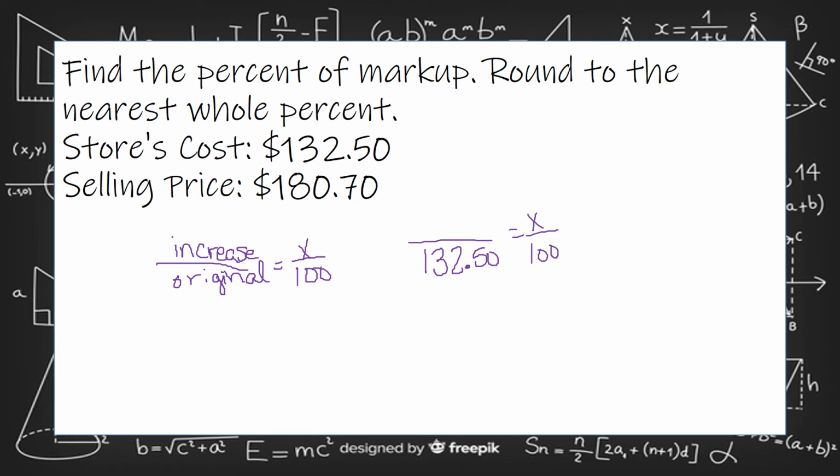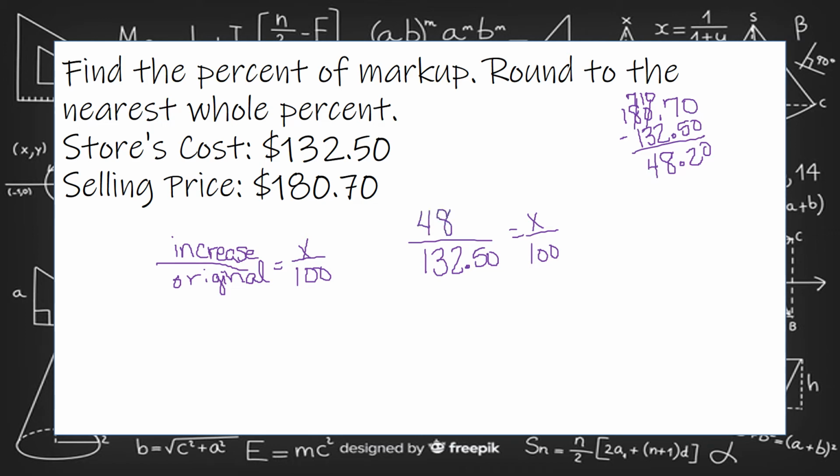And we need to find the amount of increase. So we're going to subtract these two. 180.70 minus 132.50. Can't subtract 2 from 0, so we have to borrow from the 8. 10 minus 2 is 8. 7 minus 3 is 4. 1 minus 1 is 0.